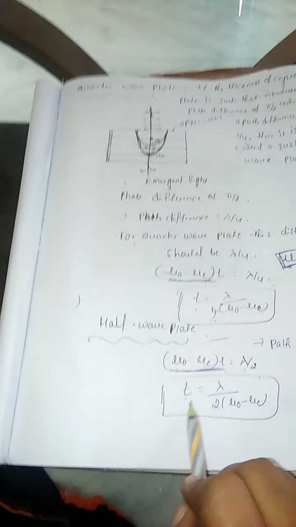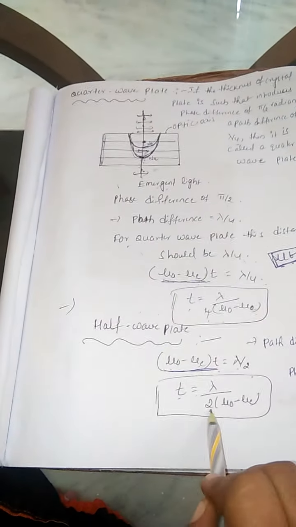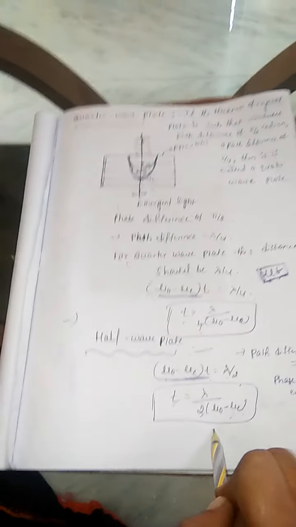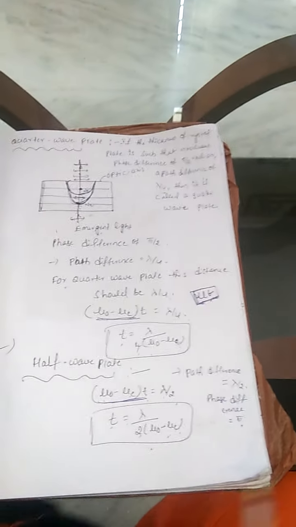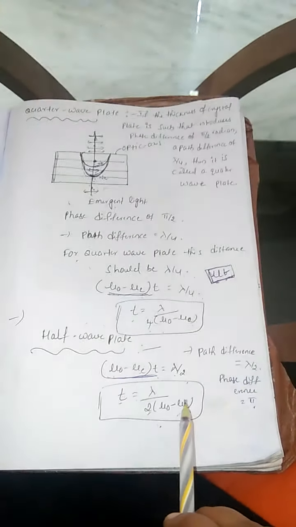From this, t is equal to lambda by 2 into mu naught minus mu e. So this is the expression for the half wave plate. By using the half wave plate we can also find the thickness of the glass plate.